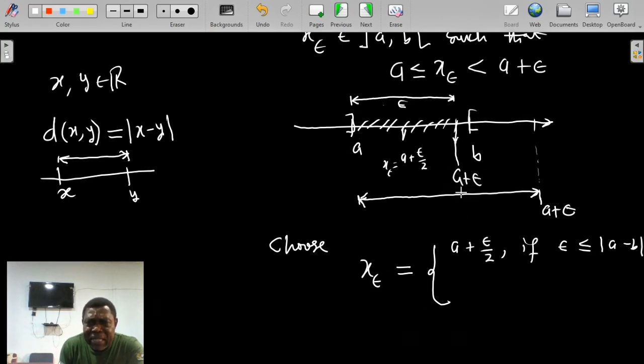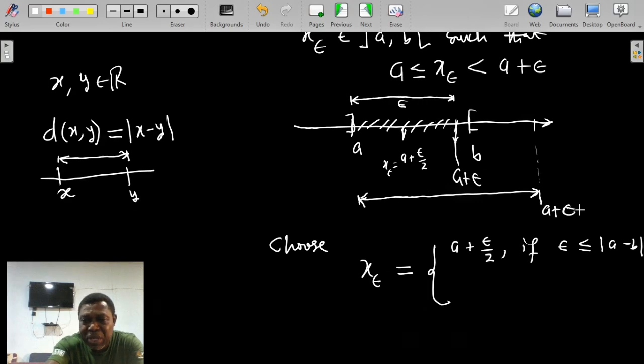But what about the situation where A plus epsilon is already above B? In that case, we do not have trouble, because that is the easiest case. If we choose any point x between A and B, we are done, because any point x between A and B must be such that A is less than or equal to that point x, and x is really less than A plus epsilon.